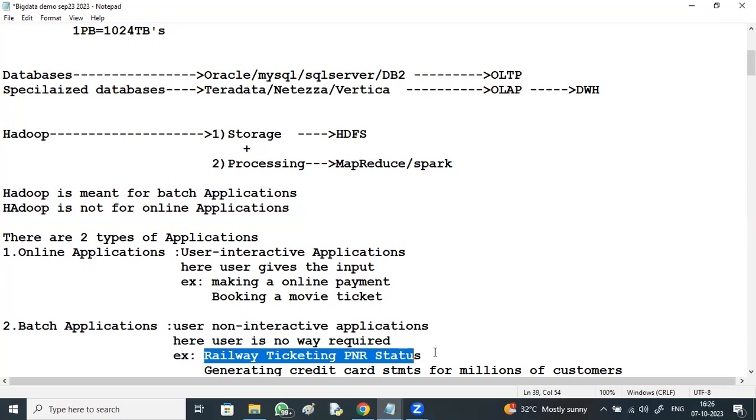After 2 hours, it is 150. Tomorrow morning, it is 100. Tomorrow evening, you got confirmed. The user has nothing to do; user involvement is not required here. So everything happens in the background.